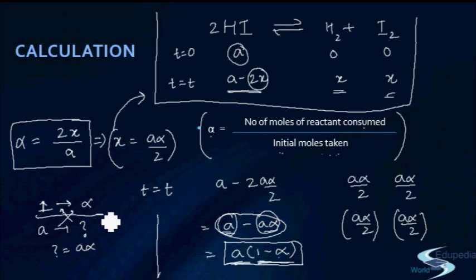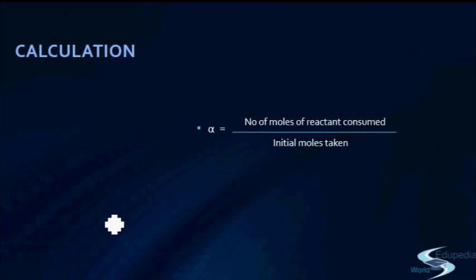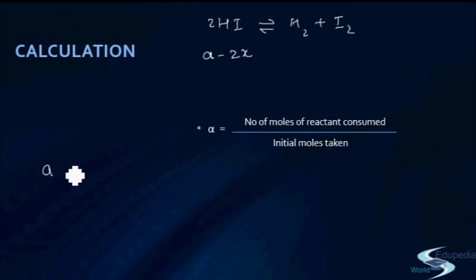Or you can look at it backwards. See, if I have HI going to H2 plus I2, I know that out of A moles, 2x moles of HI has been consumed. So this means if I had A moles of HI, 2x is getting consumed at time t.